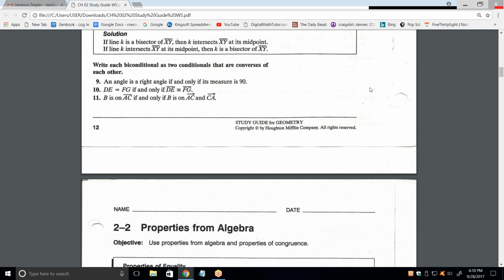And start in the middle. So if you eliminate the "and only" and start in the middle, it starts out: if B is on line AC and line CA, then B is on line AC. So that'd be one of them. And what would the other be?